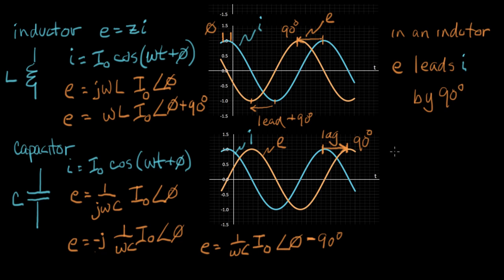We can say in a capacitor, we say E lags I. And an equivalent way to say this is we could say that I leads E. I leads voltage.